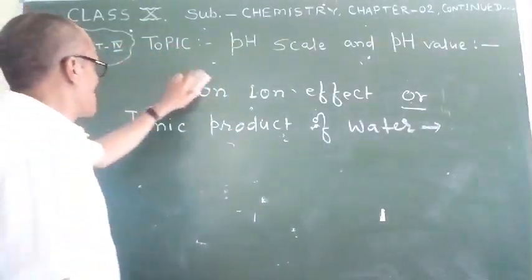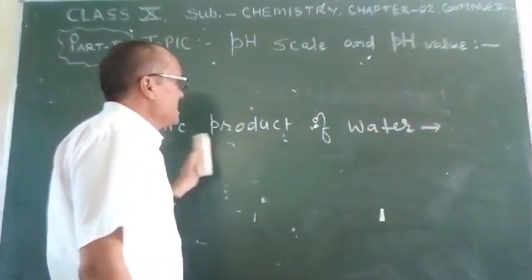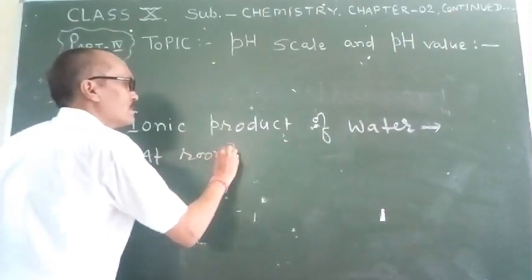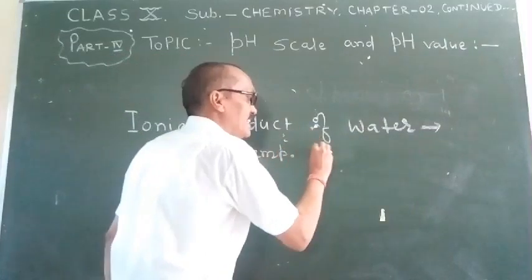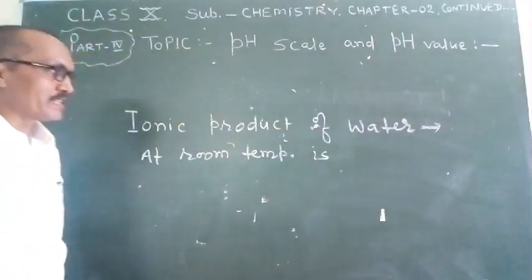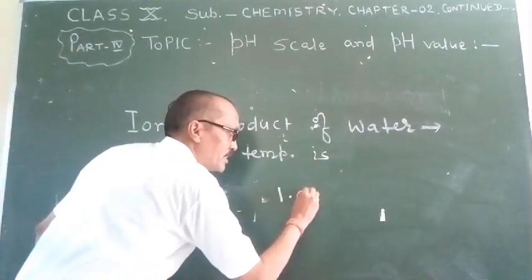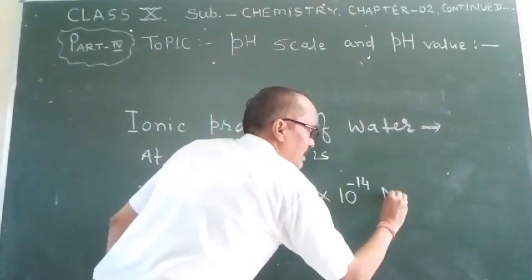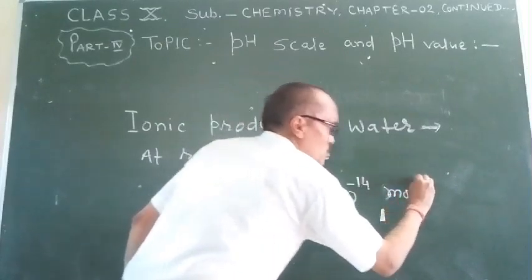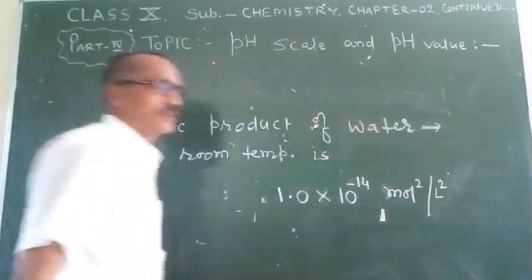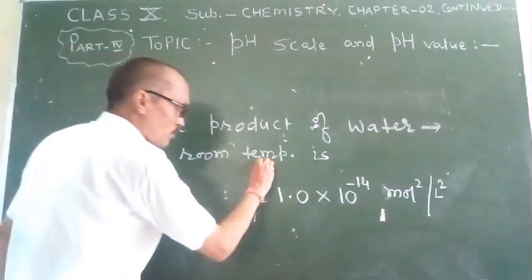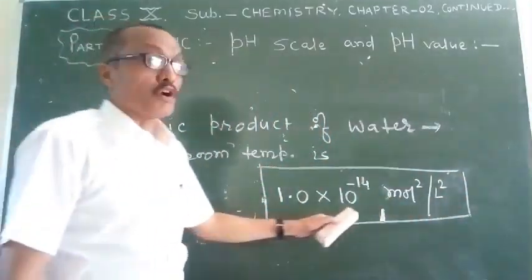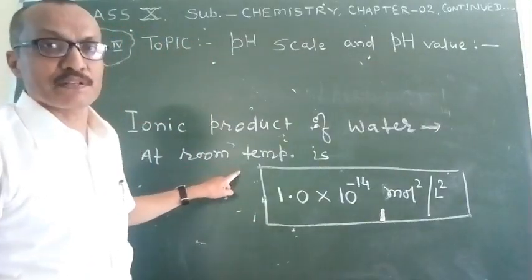So students, in aqueous solution, ionic product of water at room temperature is 1.0 multiplied by 10 to the power minus 14 mole square per liter square, and this value is said to be ionic product of water at room temperature.